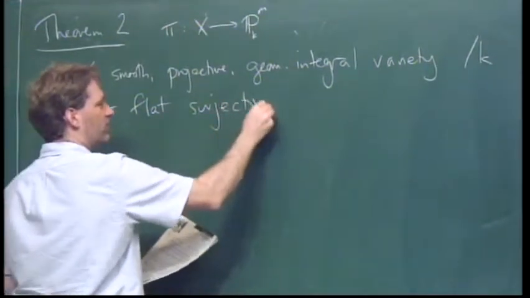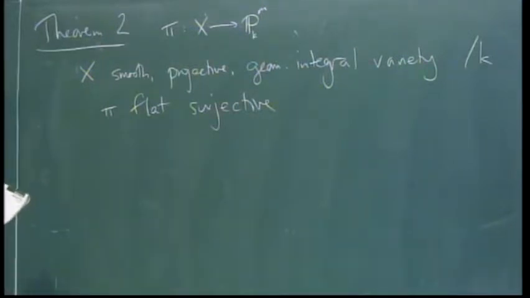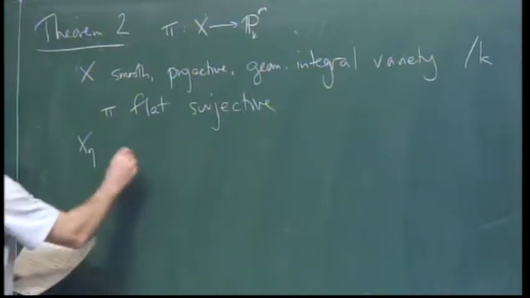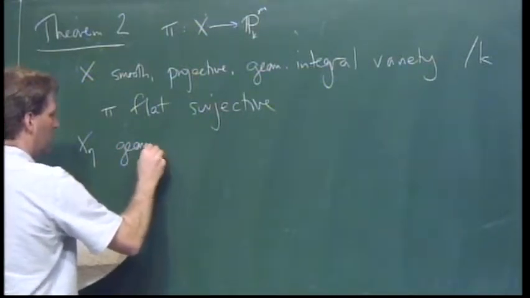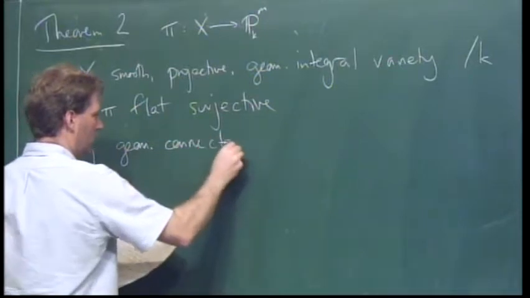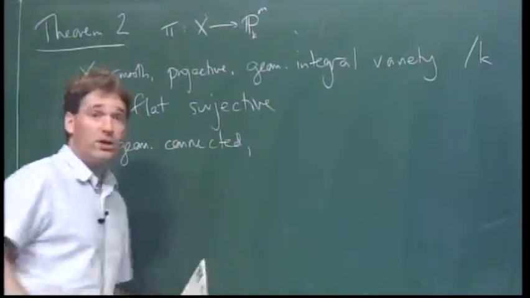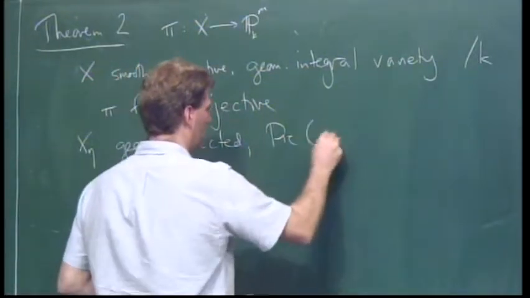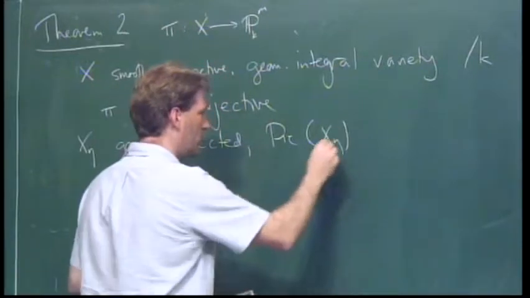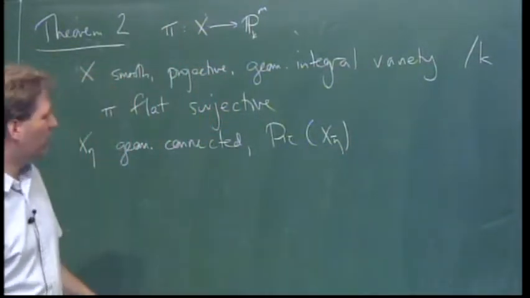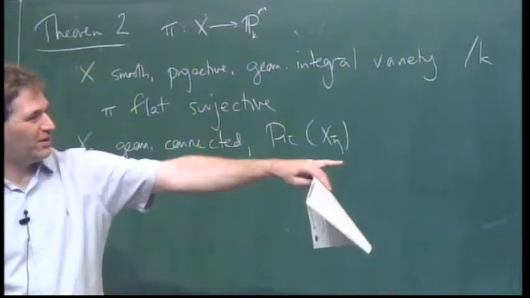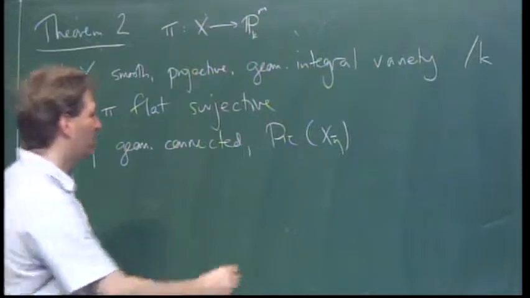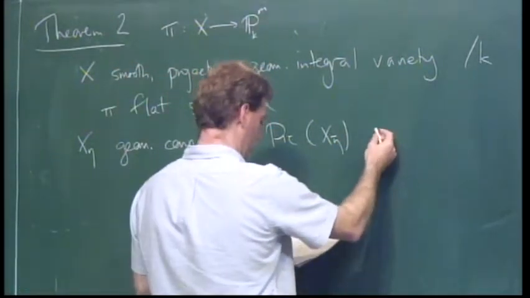Probably any sensible definition of family has those. And the generic fiber is going to be geometrically connected and it's going to have torsion-free geometric Picard group. So η bar means the inclusion of Spec capital K bar. It's a geometric generic point. So Pic X_η bar is going to be torsion-free.